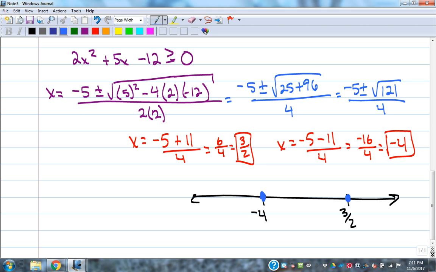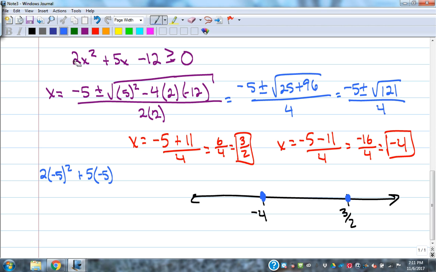All right, now pick a number to test in the leftmost region. Negative 5 is a good one. So that'd be 2 times negative 5 squared plus 5 times negative 5. And I can go back to the original or to this one right here. I'm going to go to this one because it's pretty easy to test if something's greater than or equal to 0.